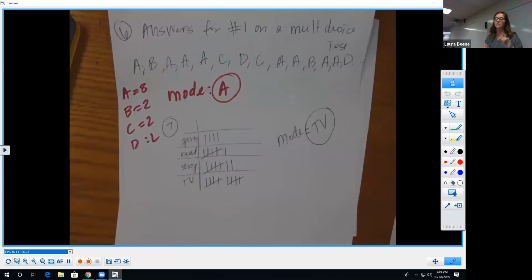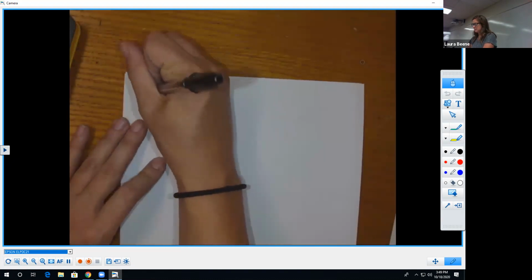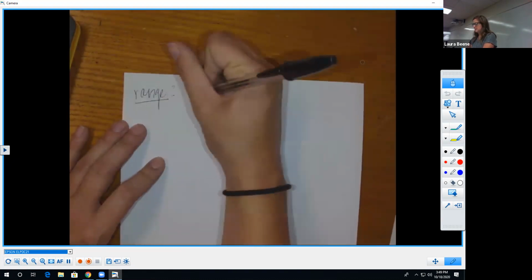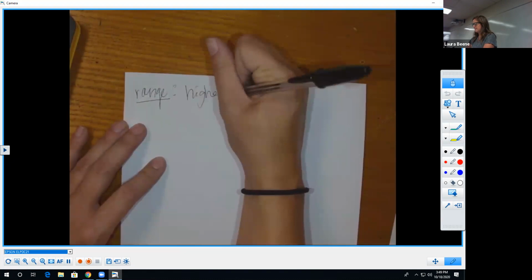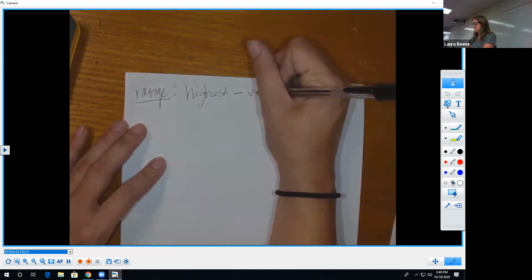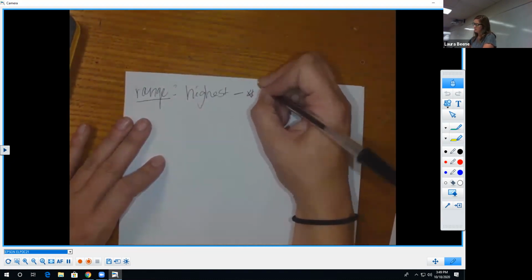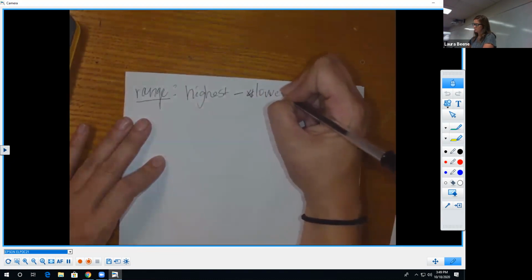So that's why we always talk about the range when we talk about mean, median, mode, and range. So the range is the highest value minus the lowest value.